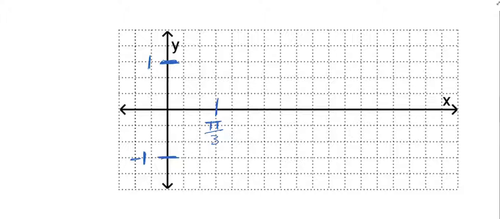Somebody said that? Pi, very good. And that's what you want to label. Don't label it as 3 pi by 3. And then 1, 2, 3 squares is 4 pi by 3. And 4 pi by 3 is where it ends. Your scale has to go up to or past your last critical point.